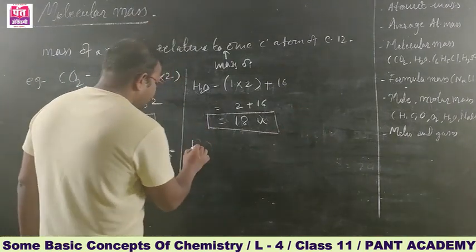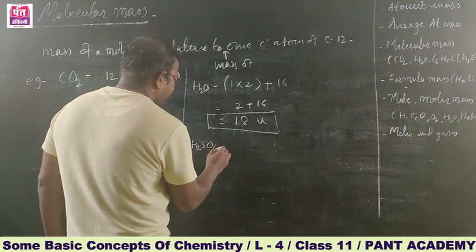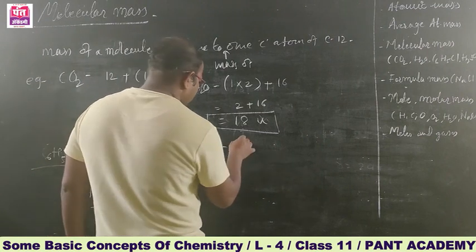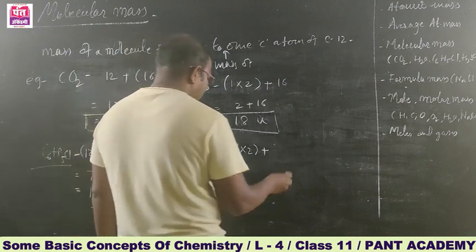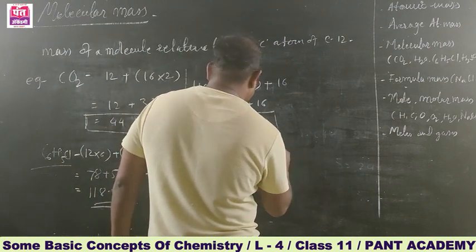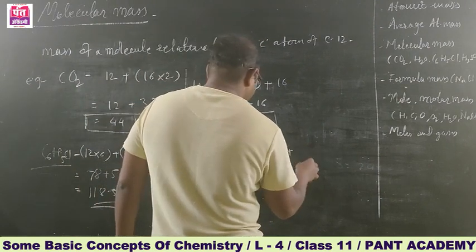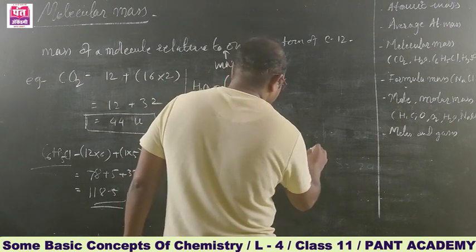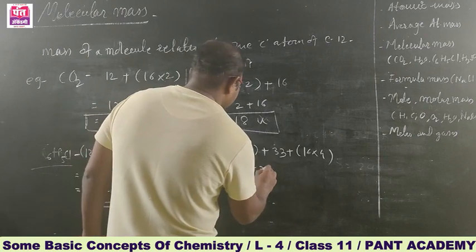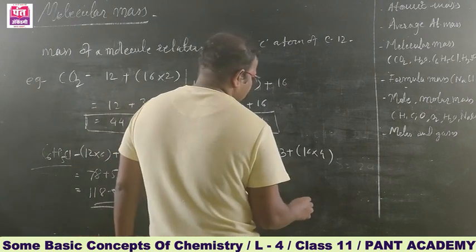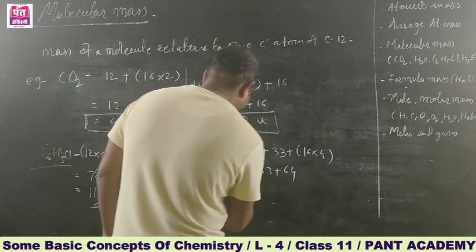Similarly H2SO4. H2SO4: 1 multiplied by 2, plus sulfur is 32 or 33, oxygen 16 into 4, 2 plus 33 plus 64.